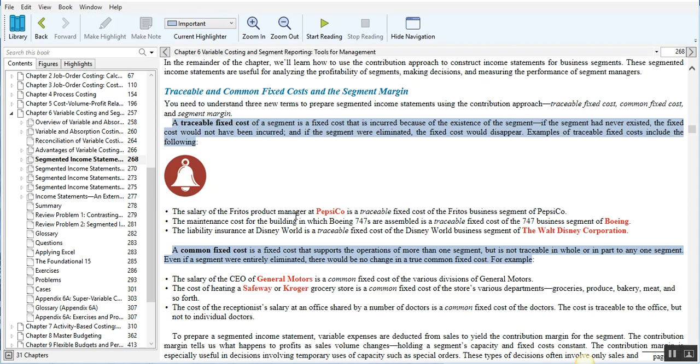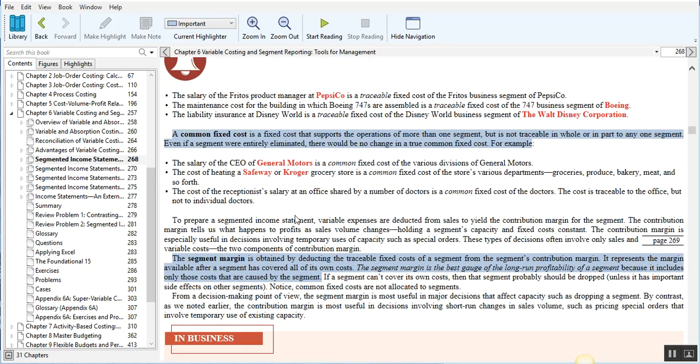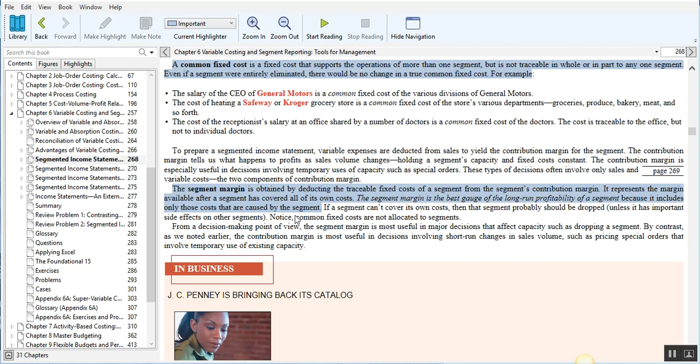The cost of a receptionist's salary at an office shared by a number of doctors, that would be a common fixed cost. When we talk about common fixed costs, we're talking about costs that you cannot differentiate between different product lines, and they may be used by multiple product lines. For example, a central office building would be another one like that.